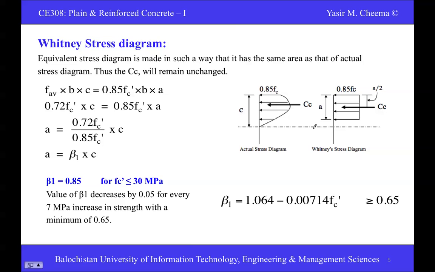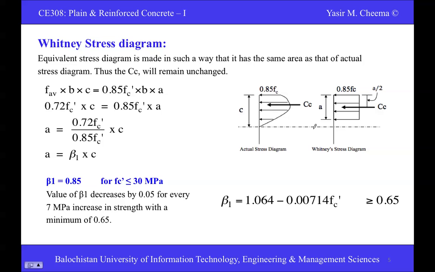Clear? To locate the point of application of the resultant compression force. In the same case, here is 0.85 f'c prime. We take the average strength, and we are trying to relate both of these. Average strength into b and c.